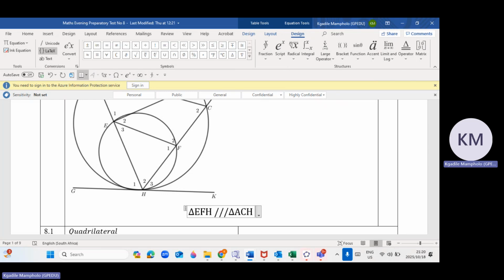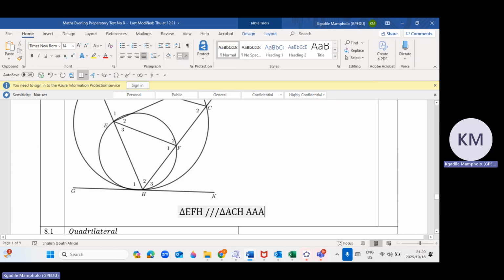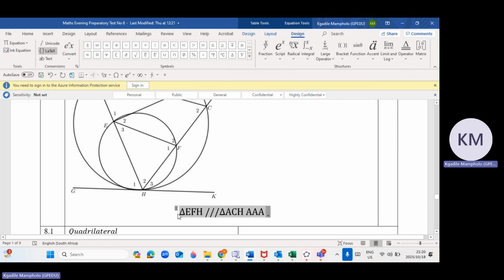Remember, E equals A, F equals C, and H equals H. You put them in this order so that your proportion will be correct.